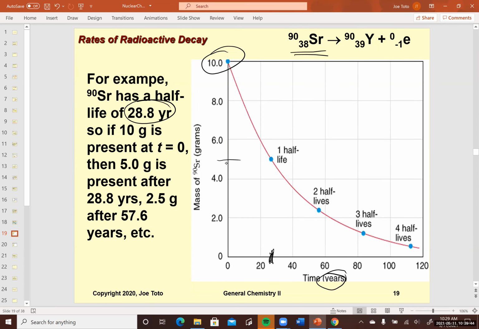And then in another 28.8 years, I cut it down to 2.5 and then 1.25. So it doesn't matter how much you have. The half-life, the time to cut that sample in half, is always the same, 28.8 years for this sample of strontium.